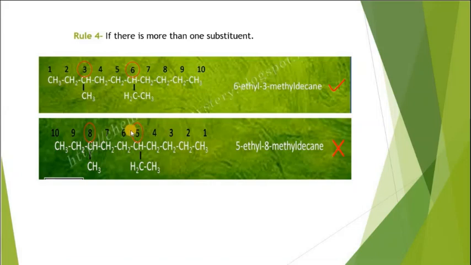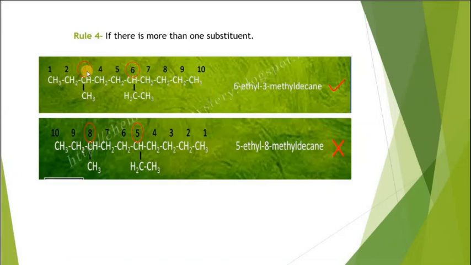But now if I number it in the opposite direction, we see that the ethyl group and methyl group are getting numbers 5 and 8. 5 and 8 are both higher numbers as compared to 3 and 6. So we will have to choose the numbering in which the lowest numbers are given to all of the substituents.